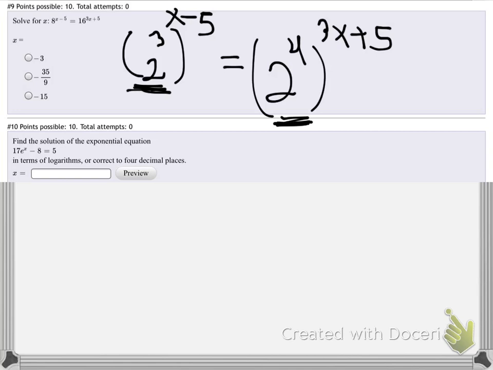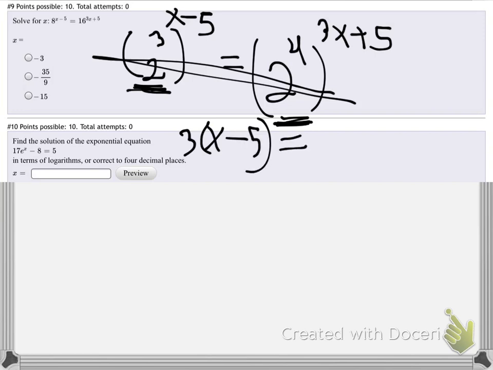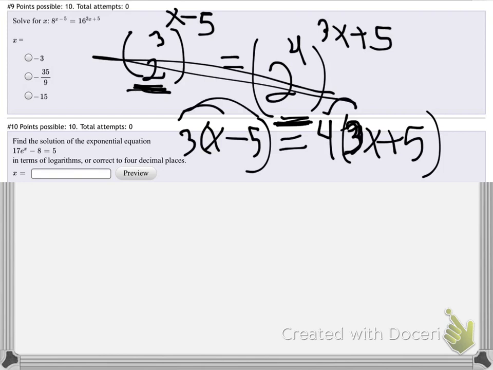And once you got them looking like 2 to the something, we'll say we don't need the 2's anymore. We just do the 3 times the x minus 5. That's 3 times x minus 5 equals, and then this is 4 times 3x plus 5. And now we're just back to solving equations. We'll distribute this and distribute that and try and get the x by itself like we do.